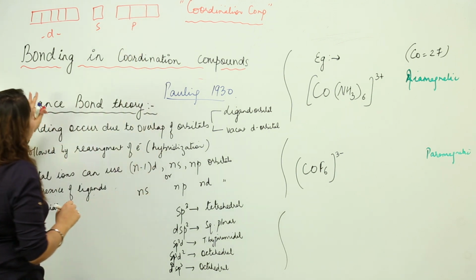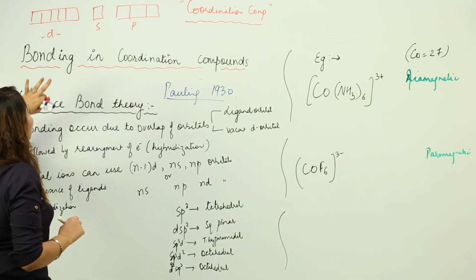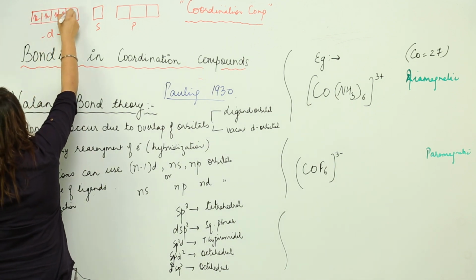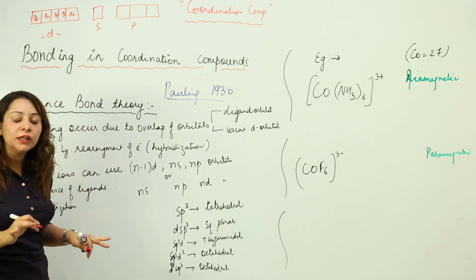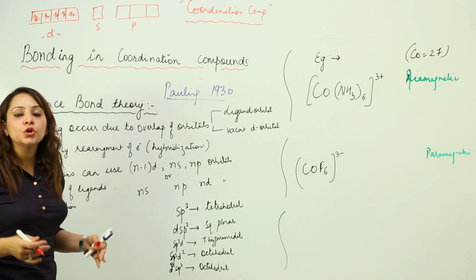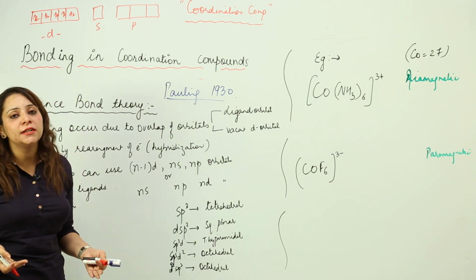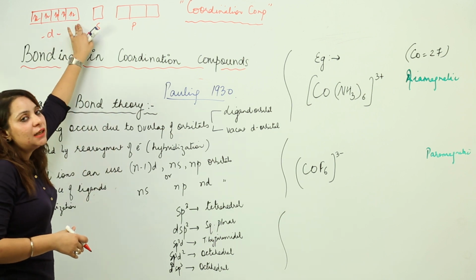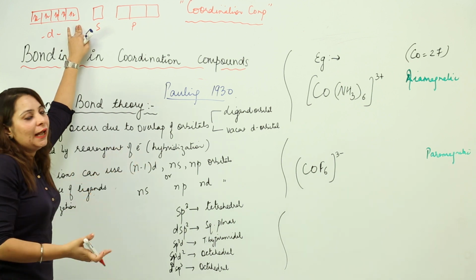If the d orbital is completely filled, then whenever the ligand approaches, obviously it cannot make the inner d orbitals available to the ligands.